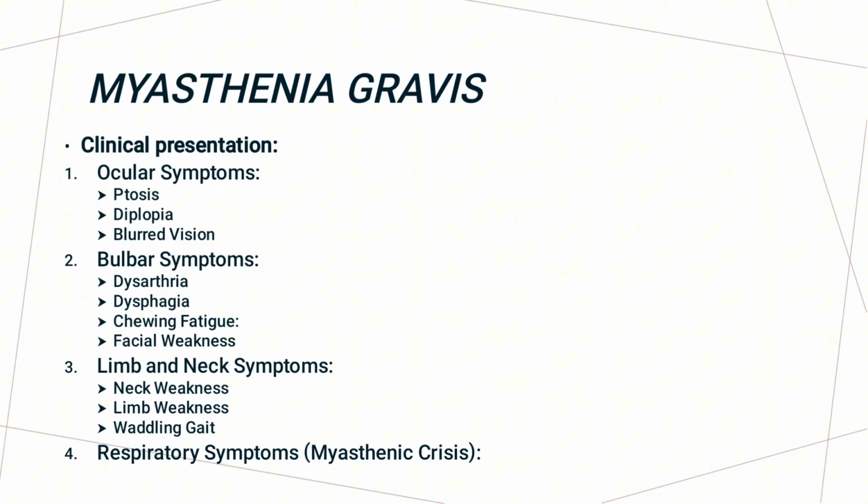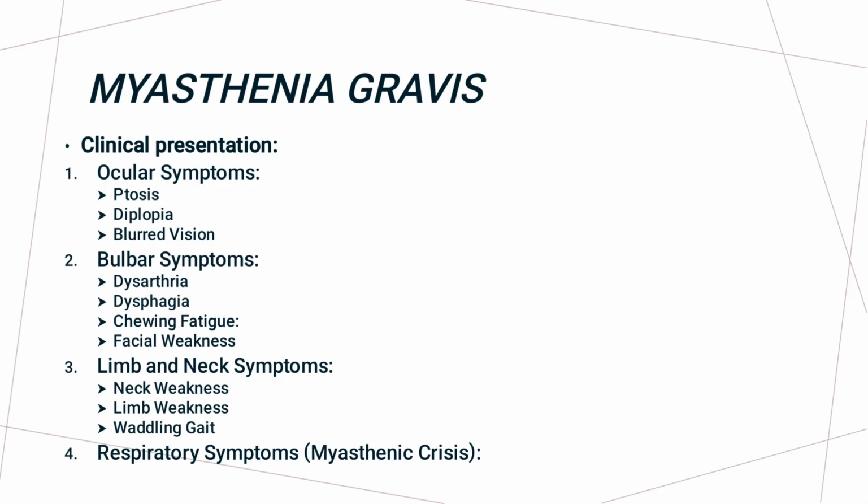So the patient will have ocular symptoms like ptosis, which is closure of the eyelid over the eye itself, diplopia, double vision, blurred vision. Sometimes you see bulbar symptoms, which are difficulty with swallowing, difficulty with talking, and choking issues, and also facial weakness. You can see neck weakness, limb weakness, and waddling gait.